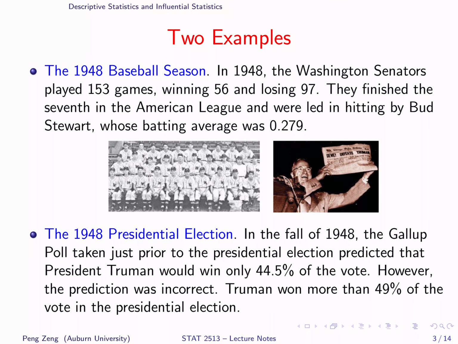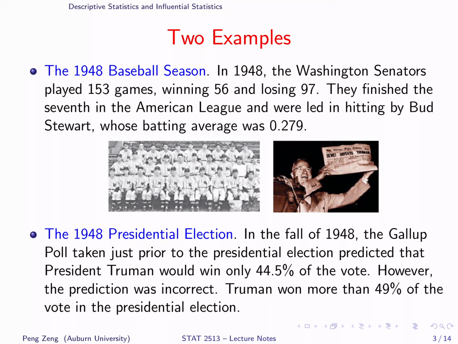Let's look at these two examples. We want to use these two examples to demonstrate the difference between two branches of statistics, that is, descriptive statistics and inferential statistics. In the first example, 1948 baseball season.